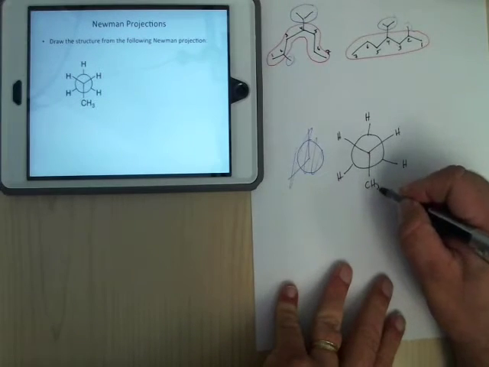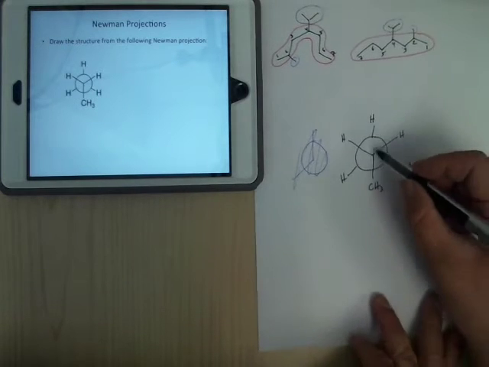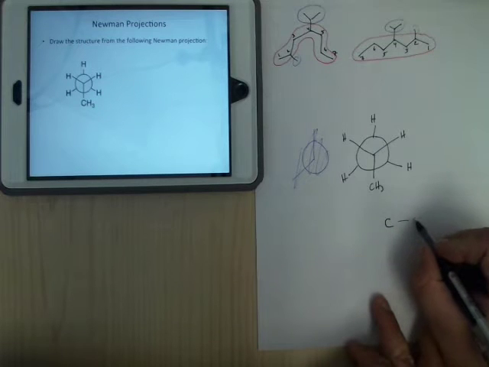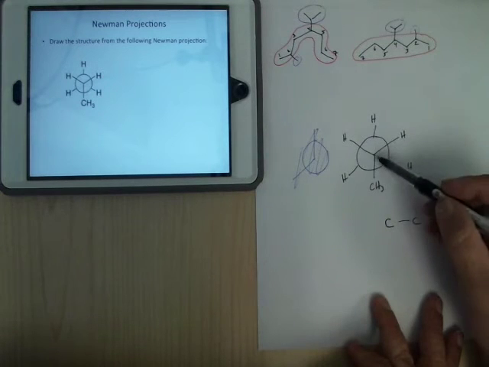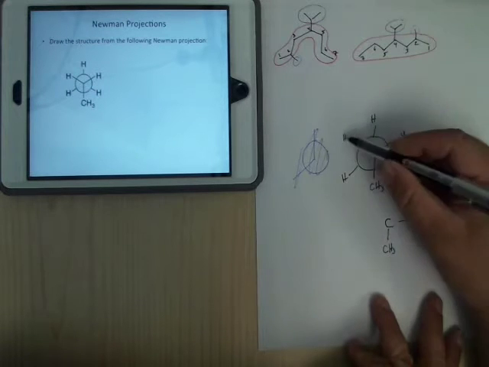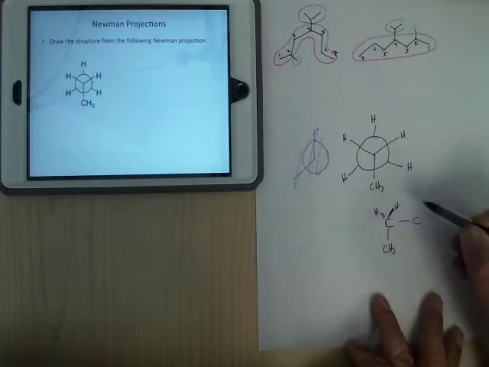So if we start from this, we're saying this is the carbon in the front, right? So we have two carbons, the one in the front and the one in the back. The front one is going to have a CH3 coming off of it, and then two hydrogens, like that.